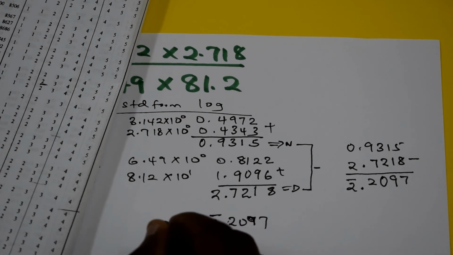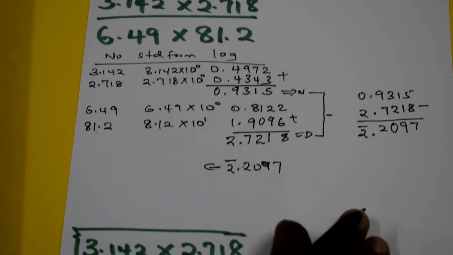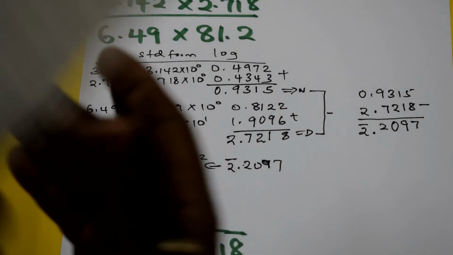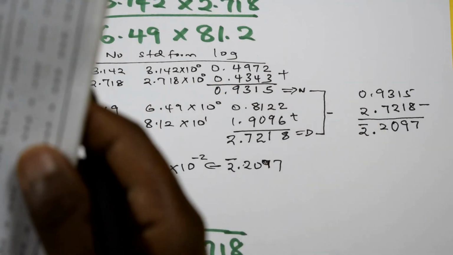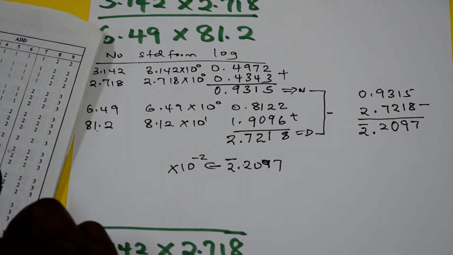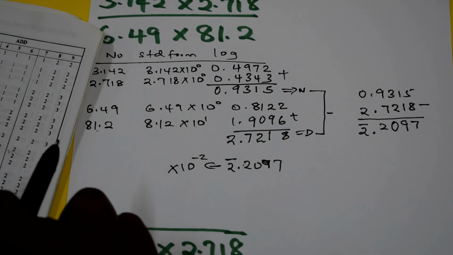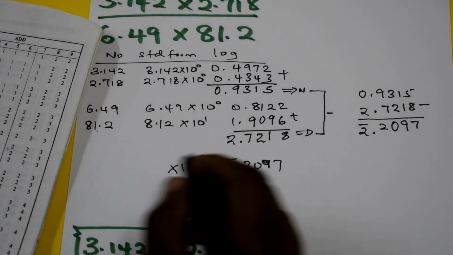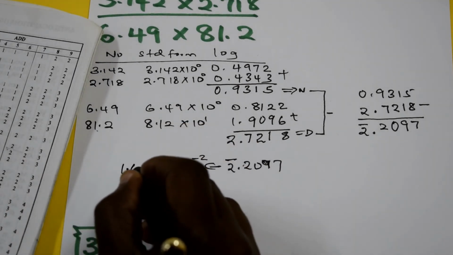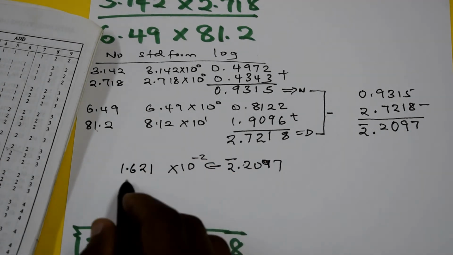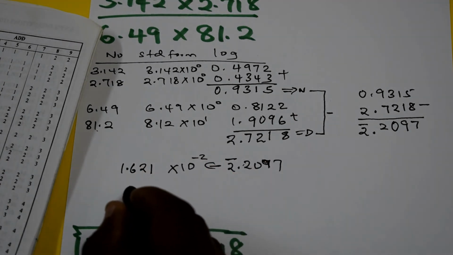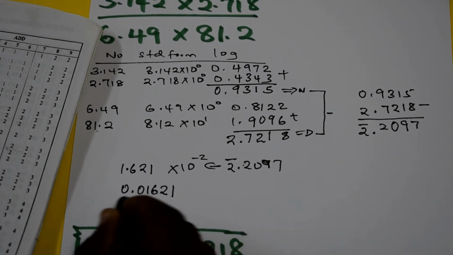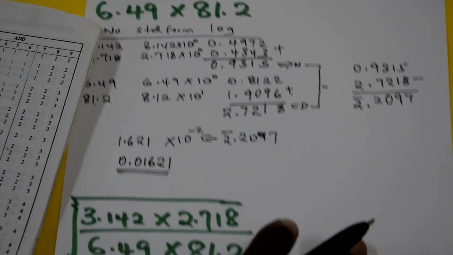So this will be 10 power negative 2 times 1.621, which gives 1.621 multiplied by 10 power negative 2, we get 0.01621, and that is it for that.